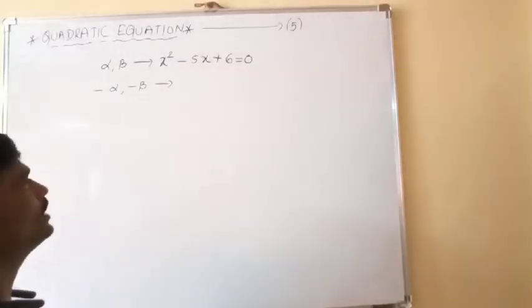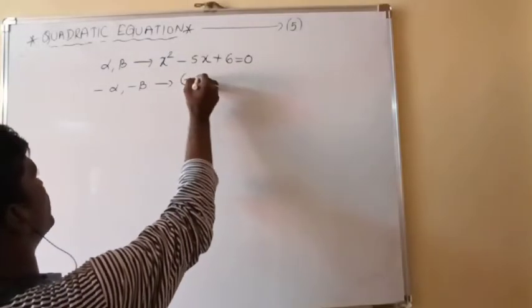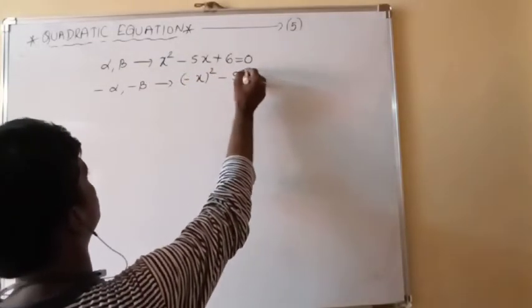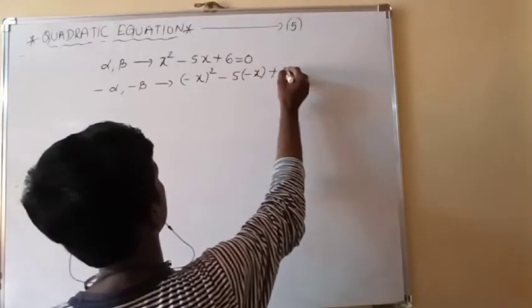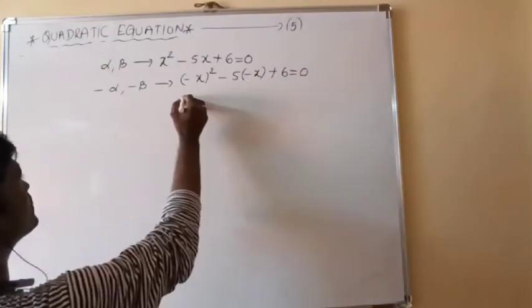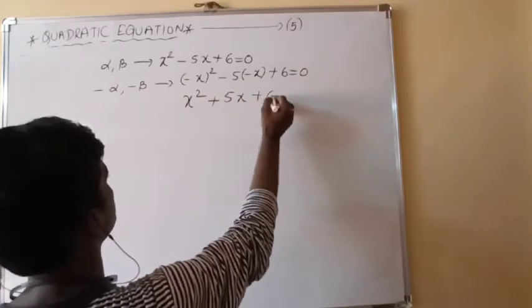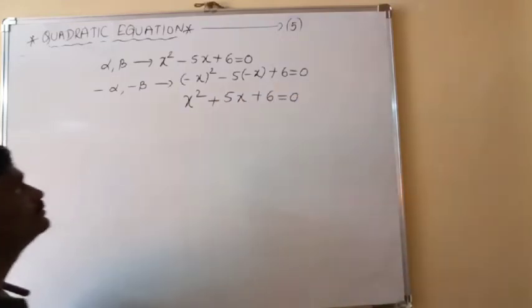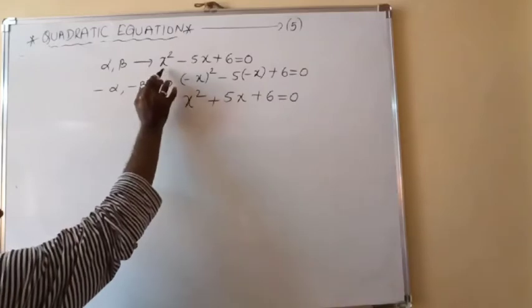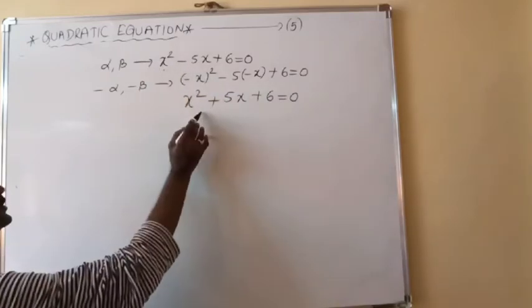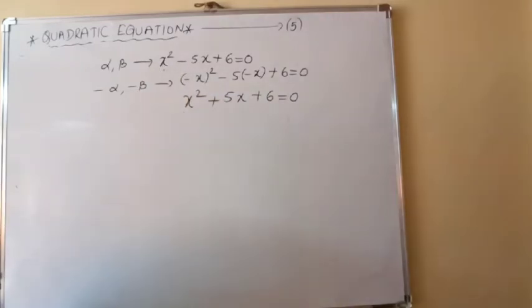Just replace x by minus x in the given equation. So minus x whole square is x square, minus 5 into minus x is plus 5x, plus 6 is equal to 0. So if the given is the equation whose roots are alpha, beta, then this is the equation whose roots are minus alpha, minus beta.